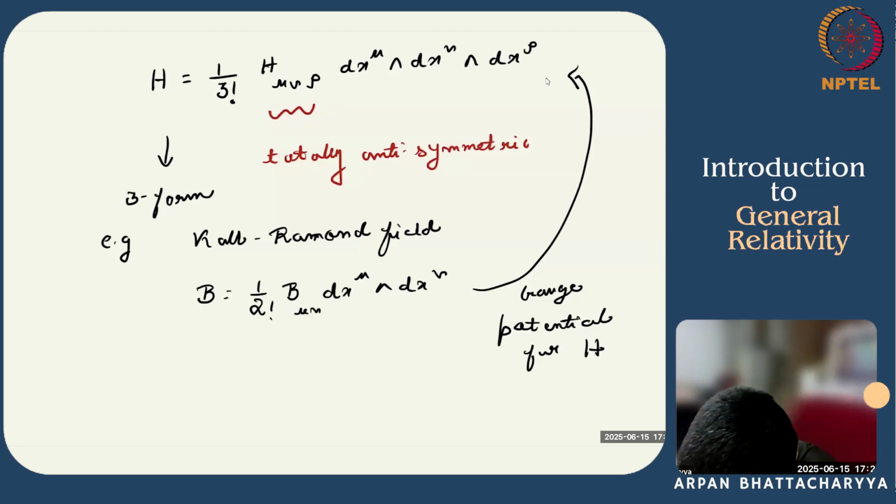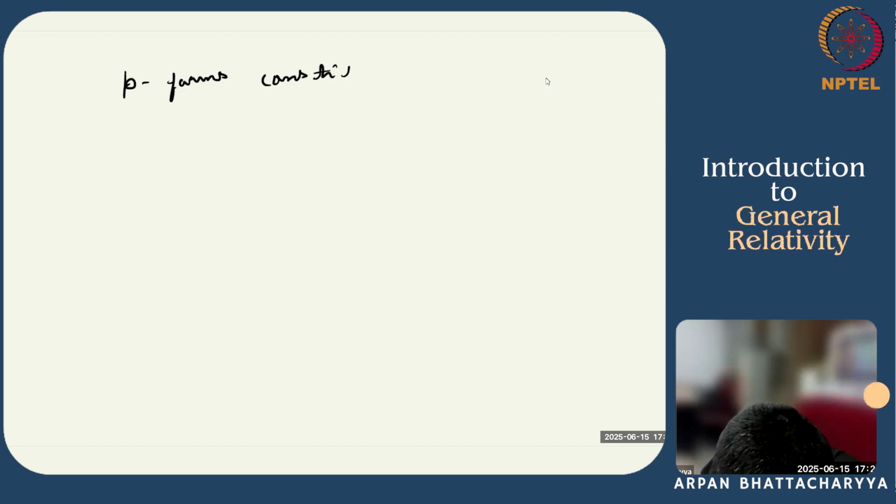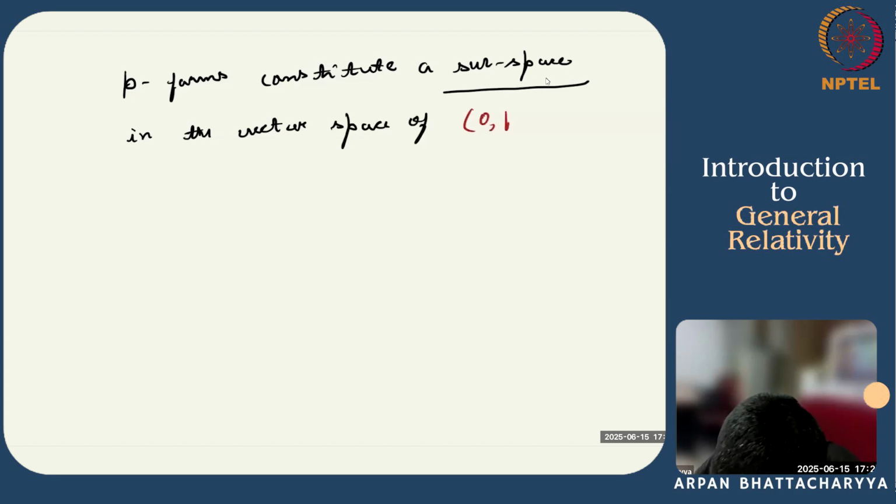Hence, the P forms constitute a subspace in the vector space of zero comma P rank tensors.